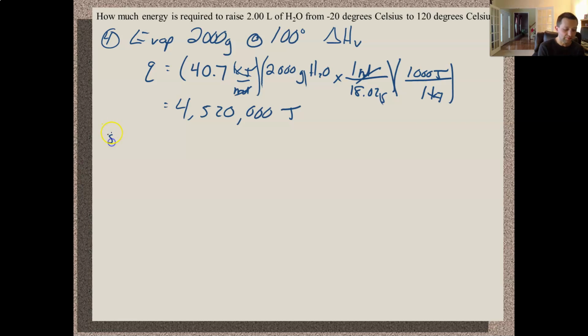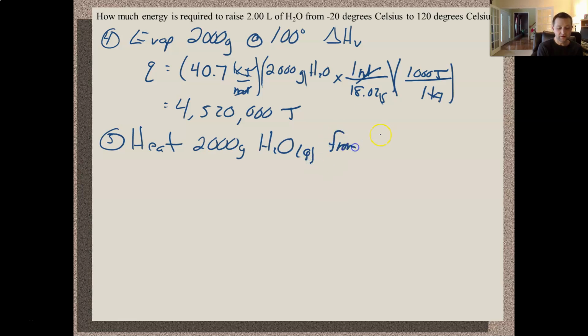Okay, last step. We're at 100 degrees Celsius. We can keep heating that up to 120. So we want to heat 2,000 grams of water, now in the gas state, from 100 degrees all the way up to 120 degrees. So again, when we do something like this, we have a delta T, so we have Q equals MC delta T. Plug everything in.